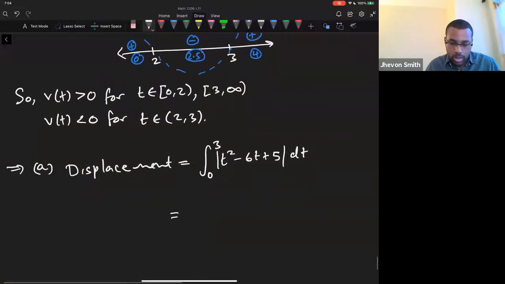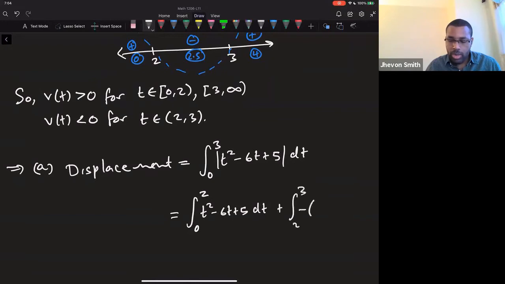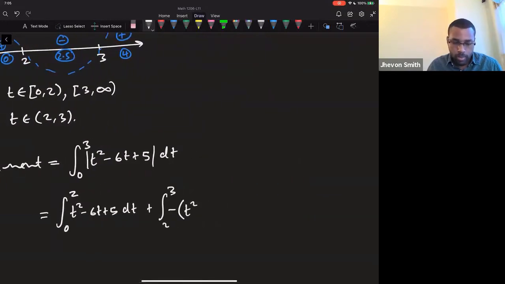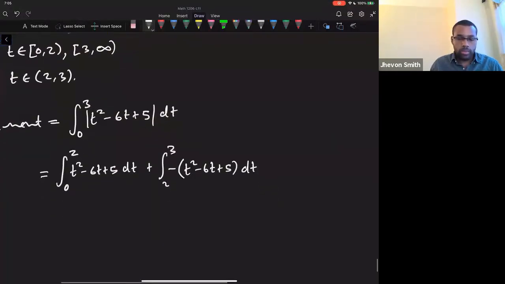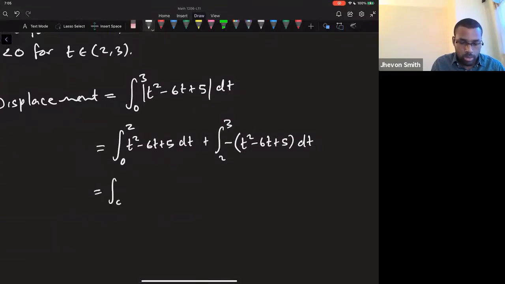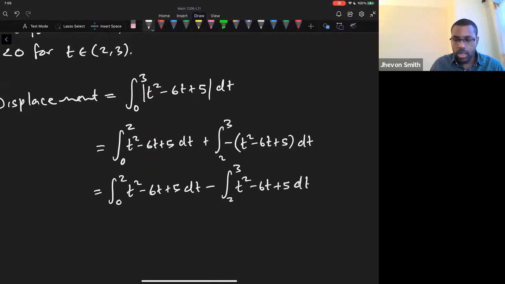So from 0 to 2, it is positive, so I leave the original v of t. And from 2 to 3, it's going to be negative. So that's the integral from 0 to 2 of t squared minus 6t plus 5 dt, minus the integral from 2 to 3 of t squared minus 6t plus 5 dt.